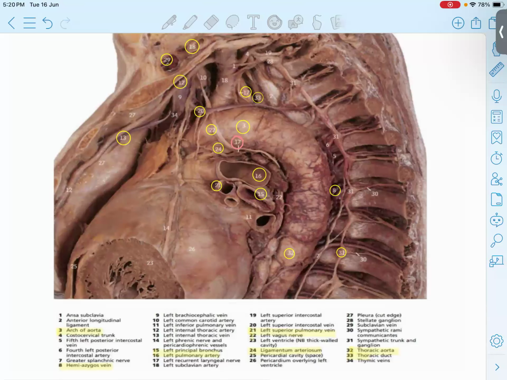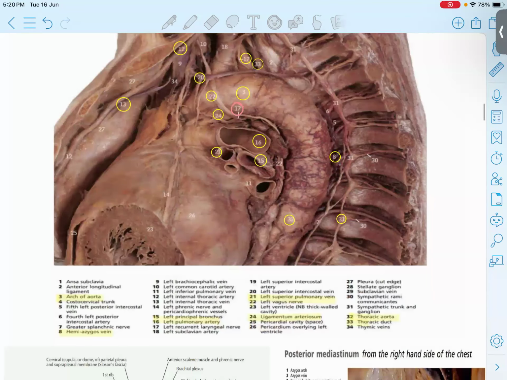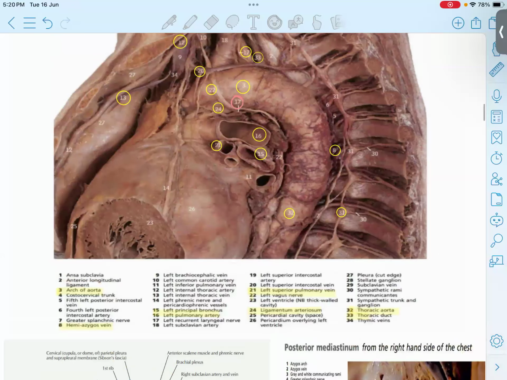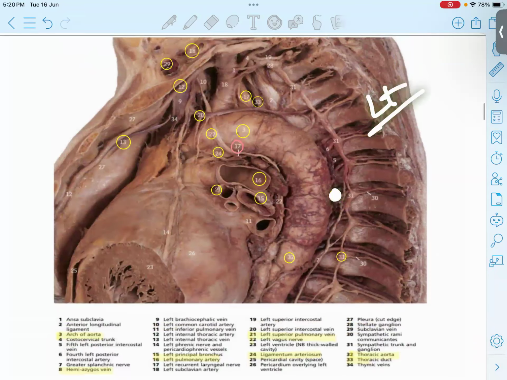Okay, they marked it here. It is ganglia. So you have to tell the whole thing. You have to tell sympathetic trunk and ganglia. Okay, sympathetic trunk and ganglia. 31, ganglion. And what is 8? 8 here is on the left side. You will mostly get hemiazygos vein, because on the right side we will get azygos vein, but on the left side we will get hemiazygos vein. 8 is hemiazygos vein.